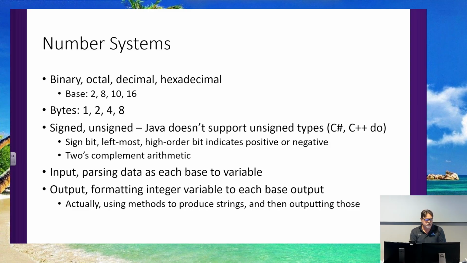So one of the things we as programmers will have to be concerned with is getting input and printing output to our users and from our users. So when I ask the user to please enter a number from 1 to 10, they're going to type in a decimal character. So my code is going to have to take a character digit.